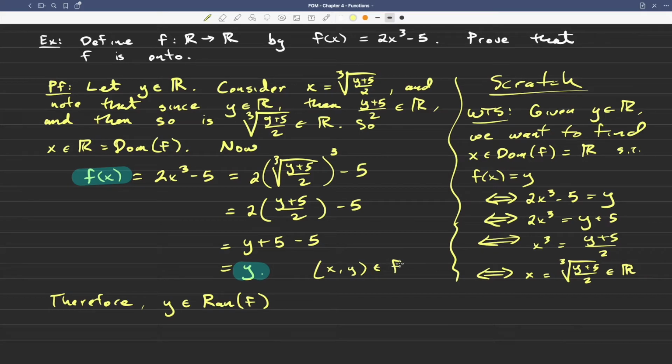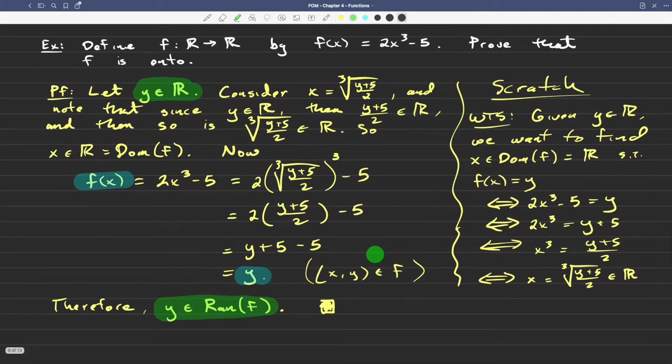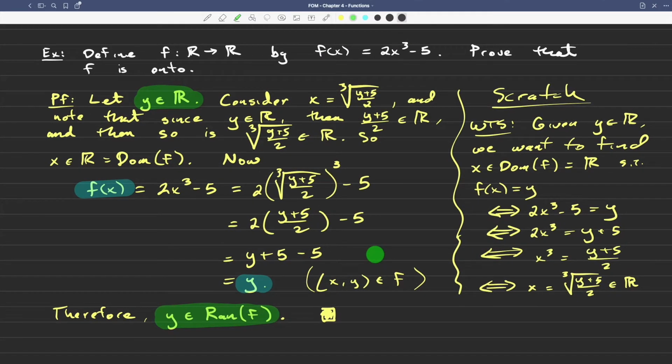So y is the second component of an ordered pair in that function, which means it's in the range, according to the definition of range. That completes my proof, because I showed that starting at an arbitrary element y in R, that same y was in the range. So I showed that R is a subset of the range, which is all we really need to argue to get onto.